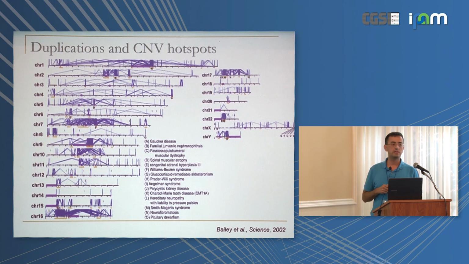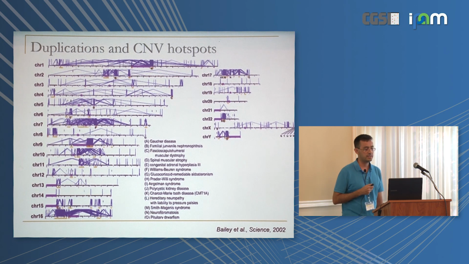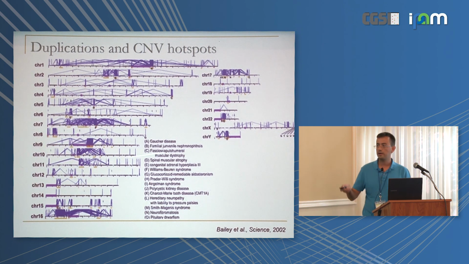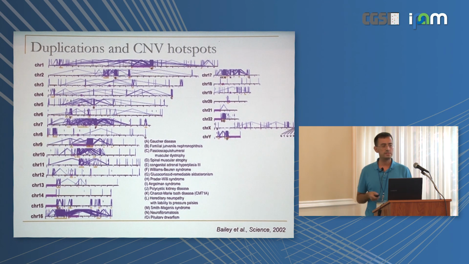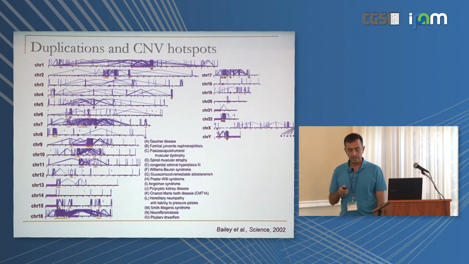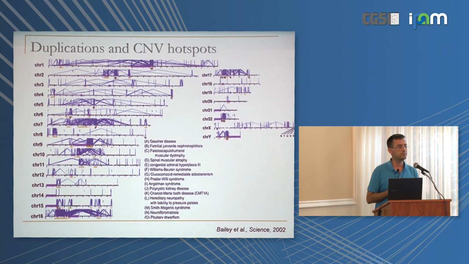And this is only the intrachromosomal ones. And based on the CNV hotspot definition, those gold bars are the regions where we expect more CNVs. And so far, these diseases, and this is actually slides from back in 2002, a lot of diseases have been associated with CNVs. So again, this is intrachromosomal hotspots, intrachromosomal duplications.